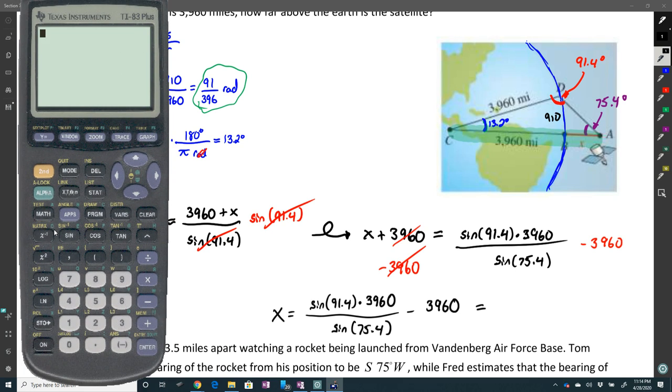So sine 91.4 times 3,960 divided by sine of 75.4. And then minus 3,960.